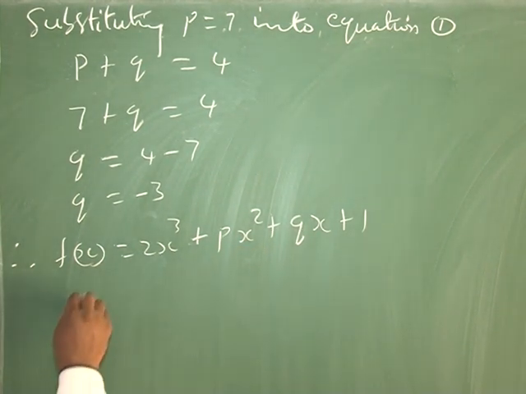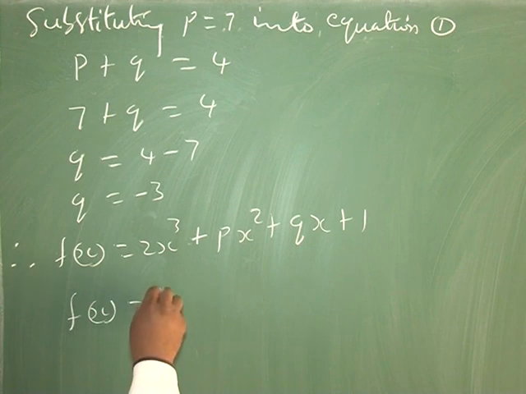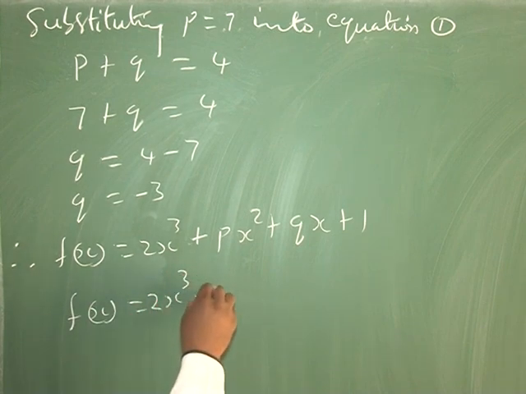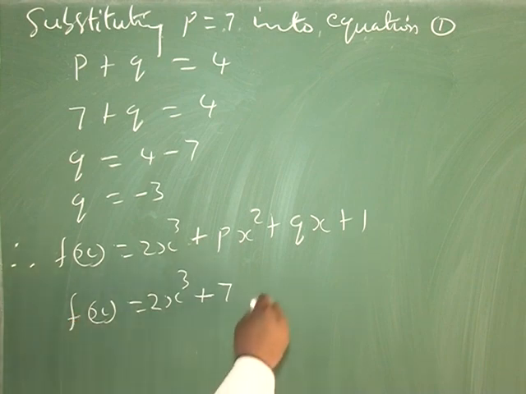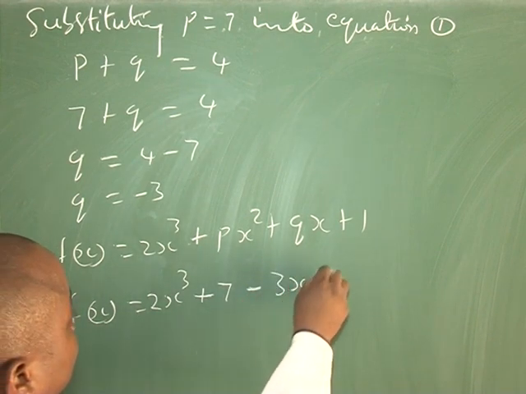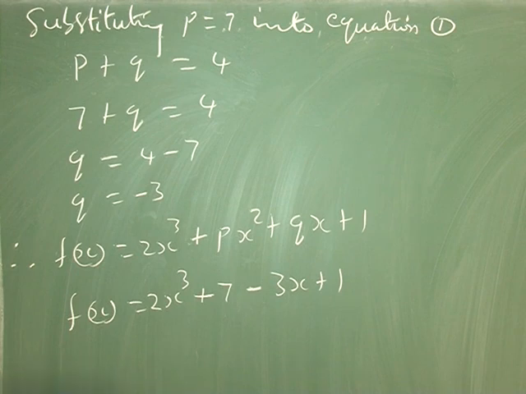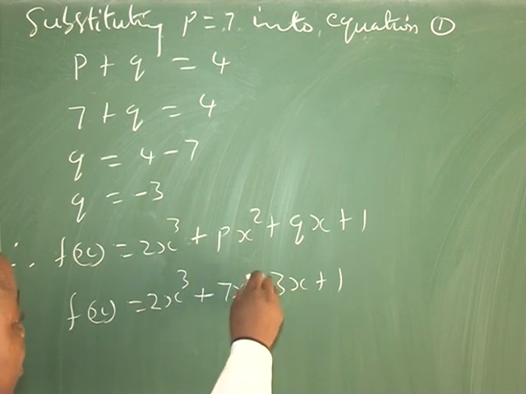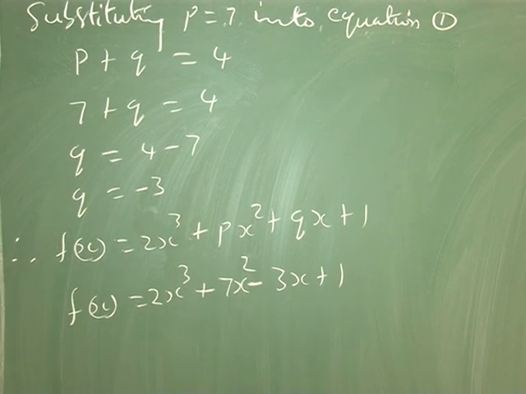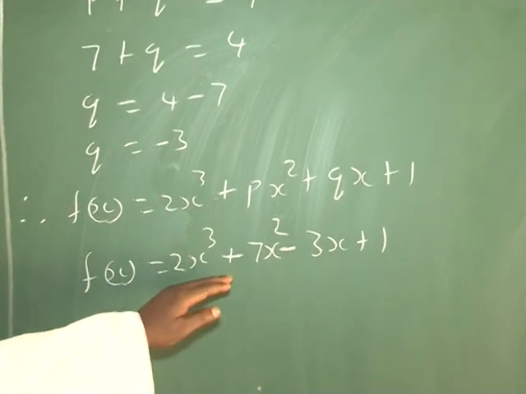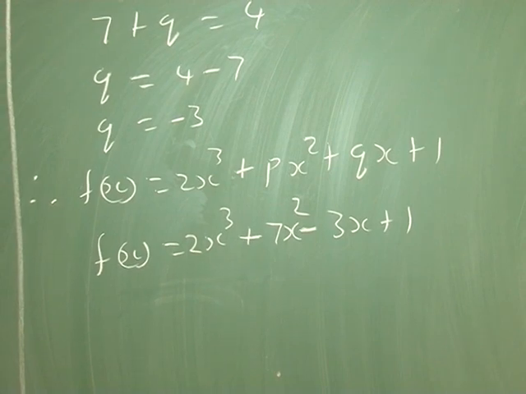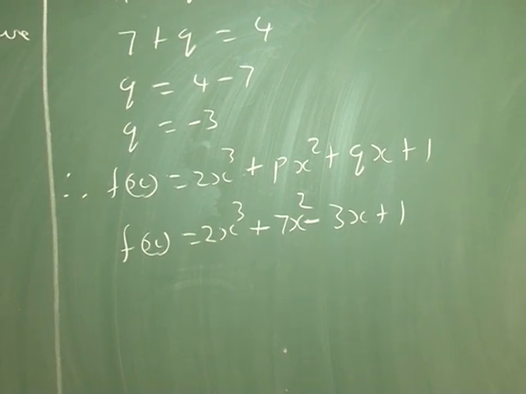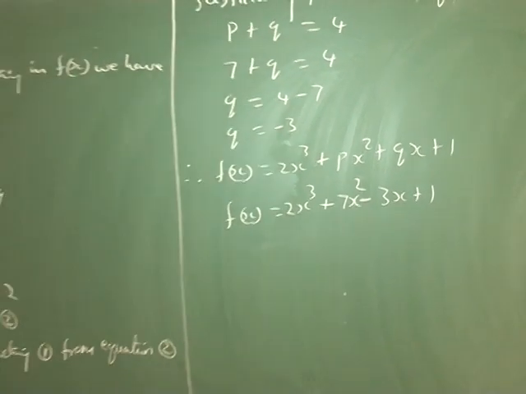Will now be equal f of x equal 2x cubed plus 7x squared, because p is 7, minus 3x plus 1. So that is how we can determine the constants. So we have this as a complete polynomial in x. That is how it is done.